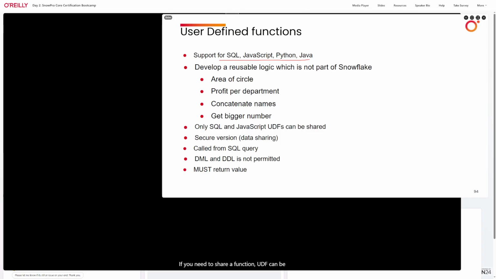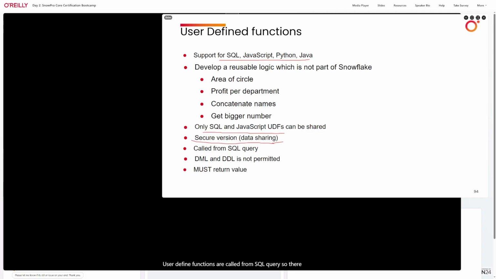If you need to share a function, a UDF can be shared, but then only SQL and JavaScript UDFs can be shared with other accounts. There is also a secure version, so the UDFs can also be secure. Again, that's something that will be useful for data sharing.